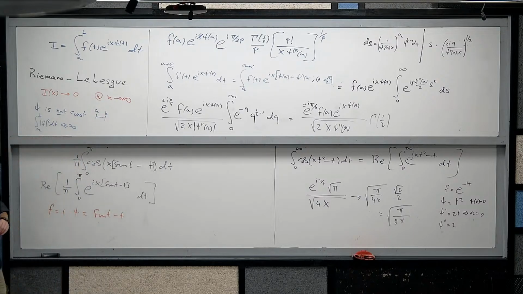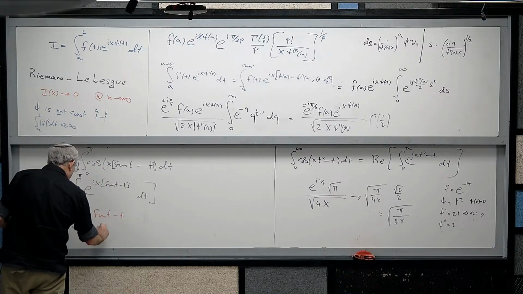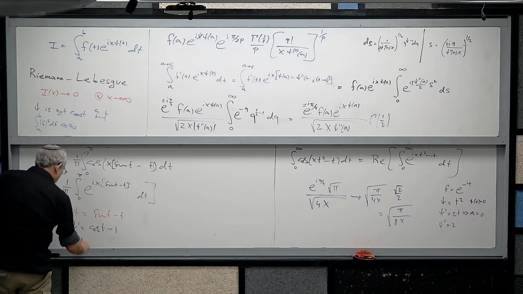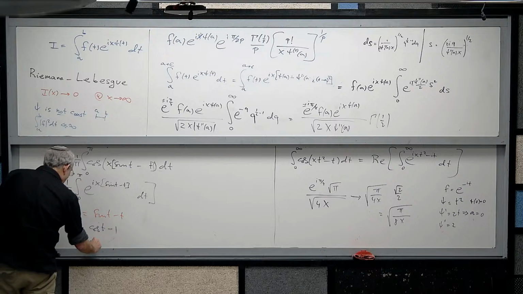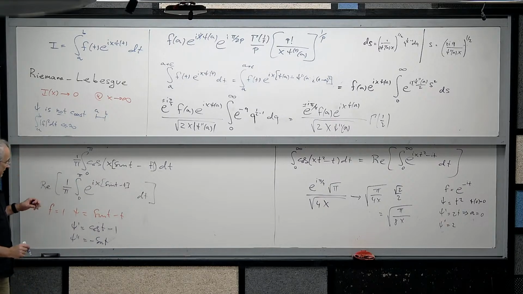So now, if psi is sine t minus t, what is psi prime? Psi prime is cosine t minus 1, and psi double prime is minus sine t. So where is the stationary point? The stationary point is when cosine t equals 1, which in the limit between 0 and pi happens only at t equals 0. It's on the border, but that's not problematic.